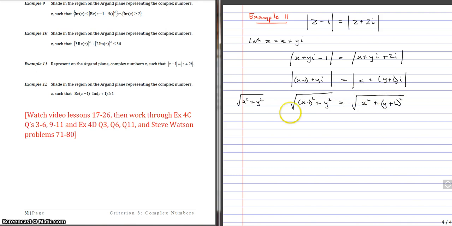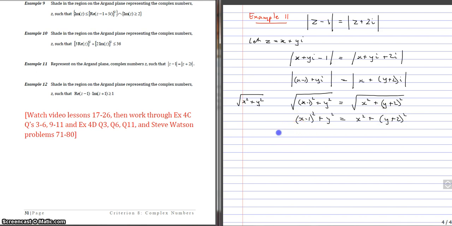Solving, we need to rearrange this, get it as simple as possible. Take the square of both sides. So we have (x minus 1) squared plus y squared on the left, and x squared plus (y plus 2) squared on the right. And let's expand all of these.